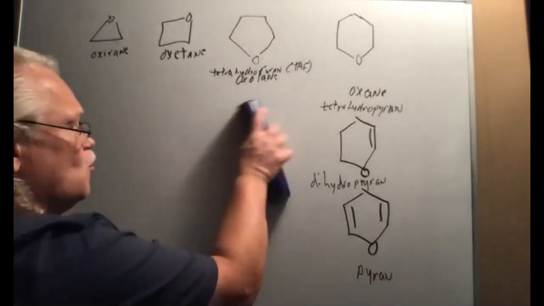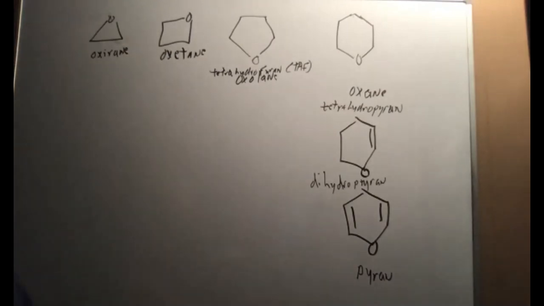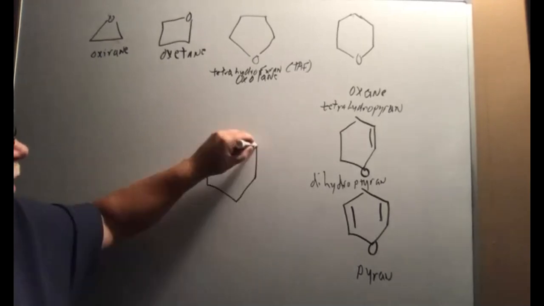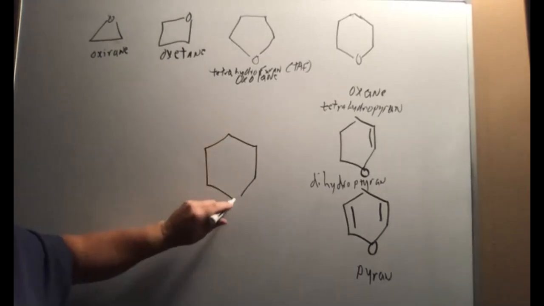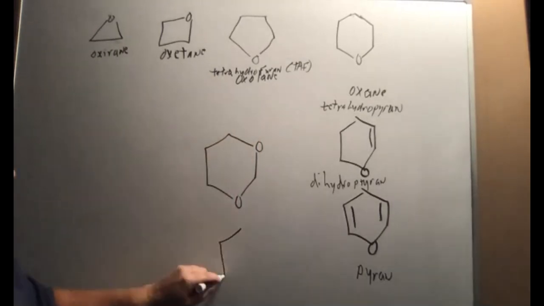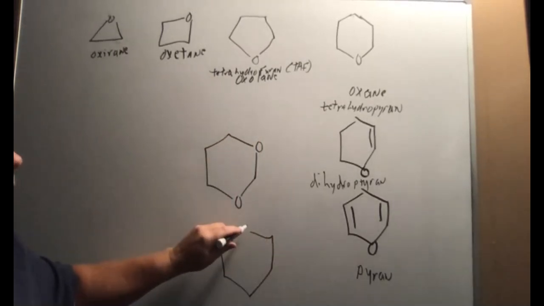Now, I want to do one last thing with these pyrans. To make things more challenging than that, the pyrans exist where you can also have 2 oxygens in the ring. And they come in 2 varieties.